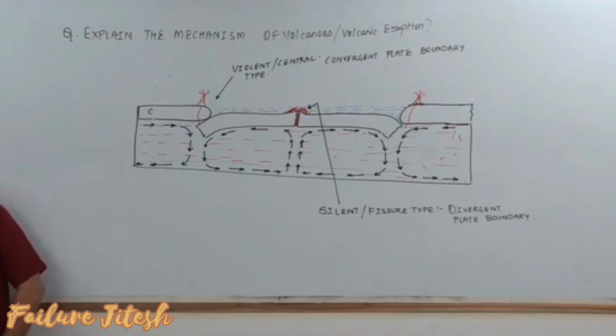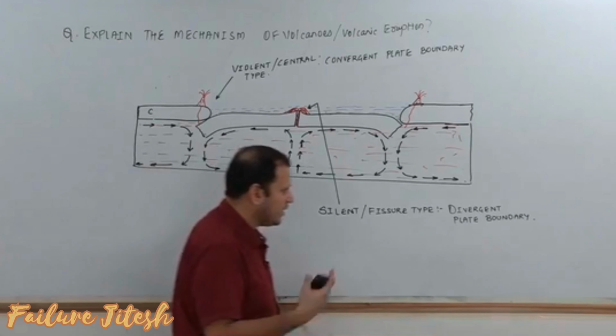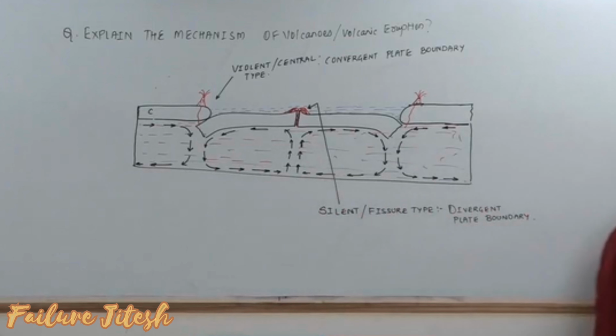This eruption is of violent central type. Central type मतलब माउंटेन में से निकल रहा है, एक ही वेंट में से निकल रहा है. Violent central type.